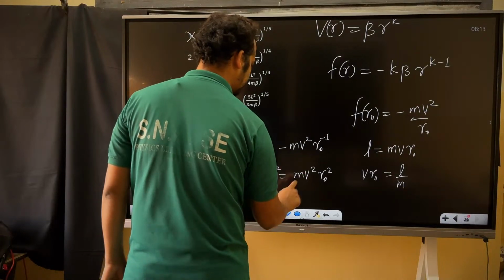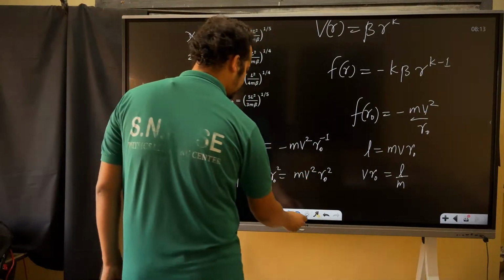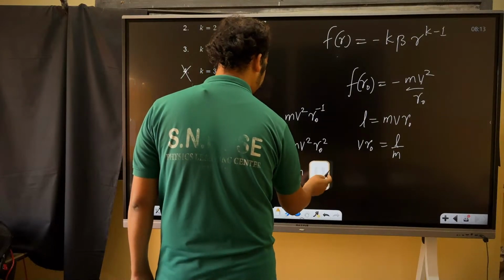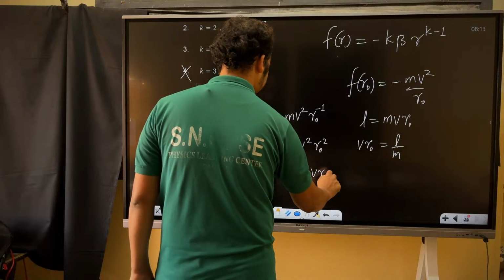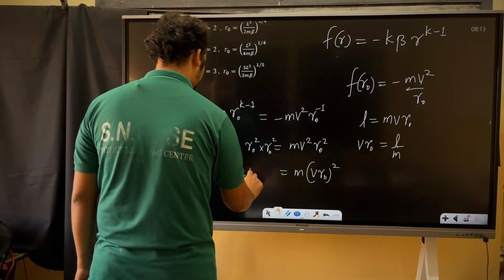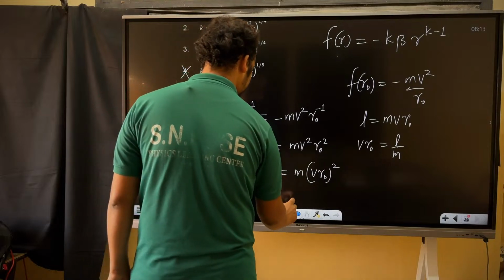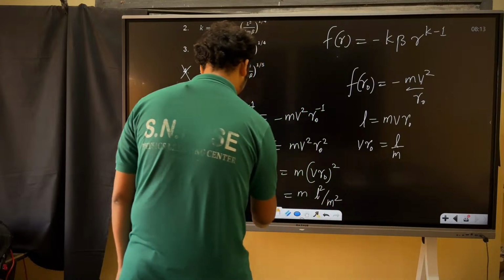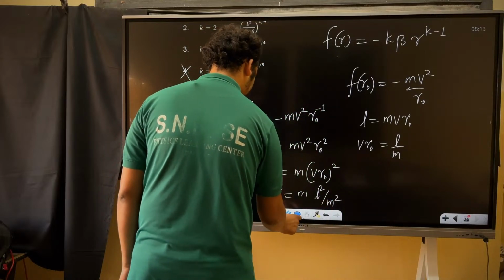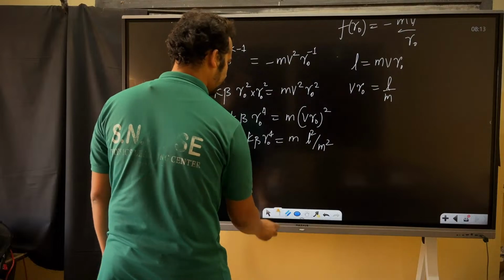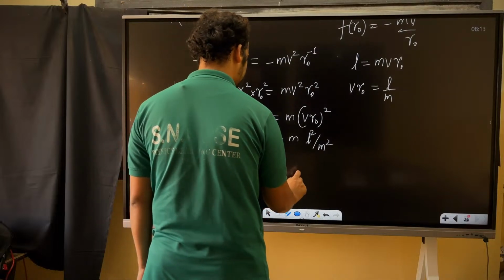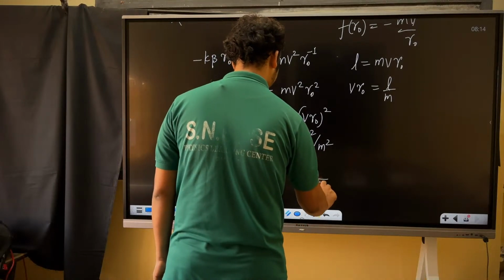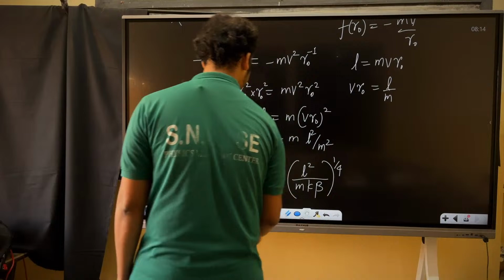I just multiplied both sides with R naught square. So here m into v R naught whole square, k beta R naught raised to 4. What is this one? M L square by m square, k beta R naught raised to 4. What is this one? R naught is equal to L square divided by m k beta, raised to 1 by 4.